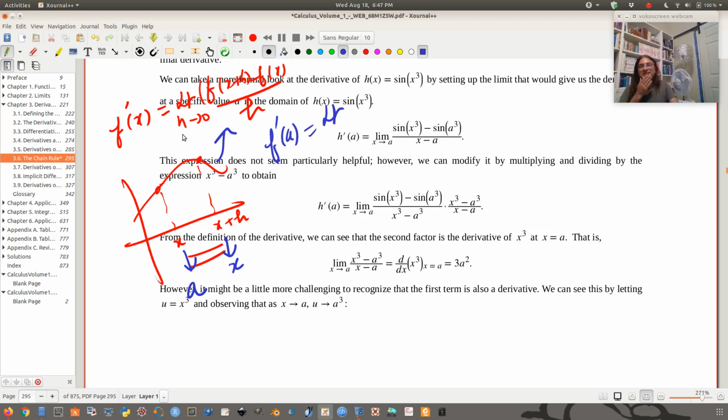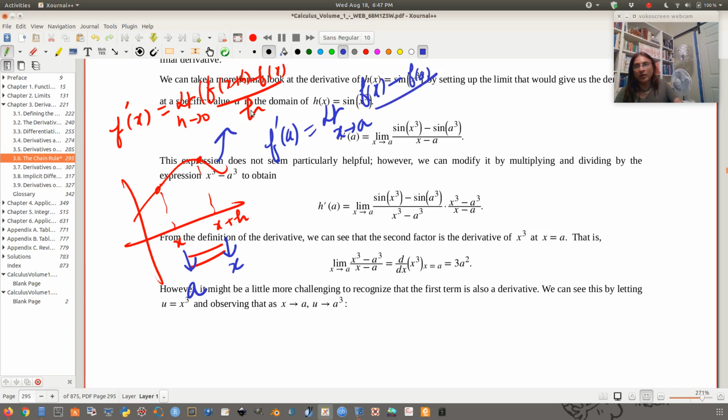H goes to 0, where this is x and this is x plus h. This distance going to 0 can be shown as x goes to A. See, x goes to A, which means the distance goes to 0. And f of x plus h has become f of x, and minus f of x has become f of A.